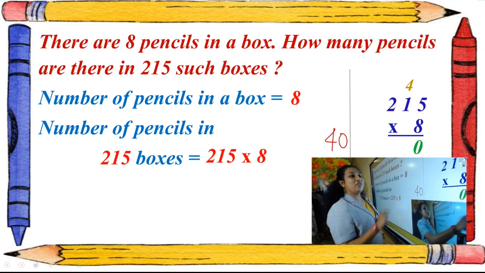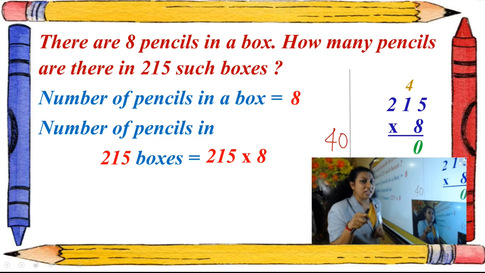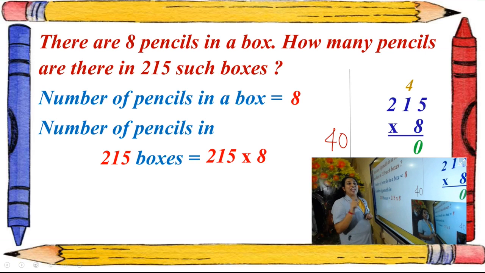Second step, 8 into 1. You remember the property, any number into 1 gives the same number. 8 ones are 8. Then carry over is there, so you have to add 8 plus 4, 9, 10, 11, 12. 8 plus 4 is 12. So what will you write down? 2 down and carry over 1 above 2.